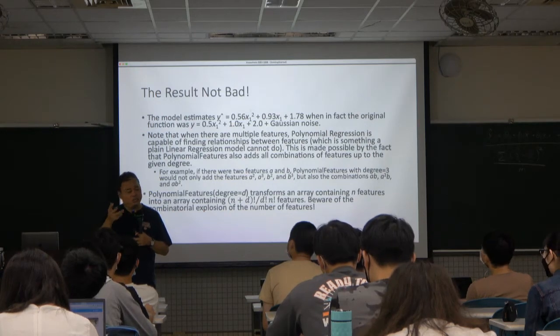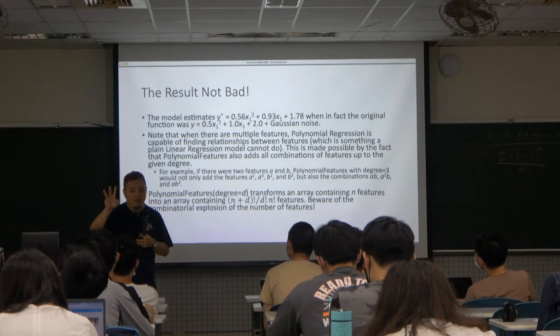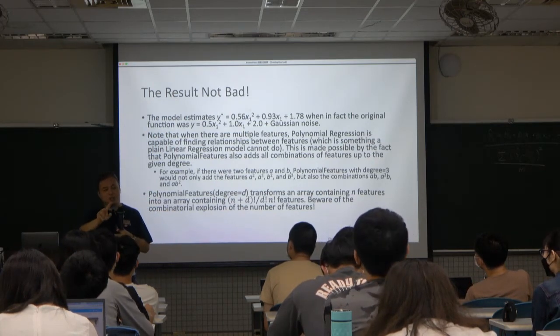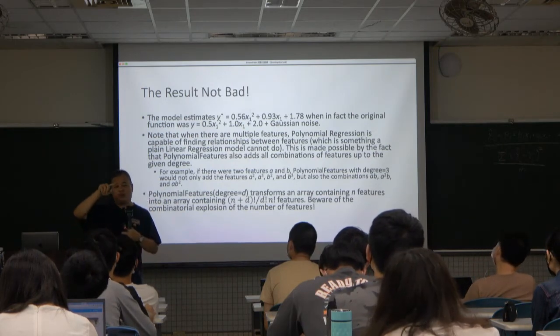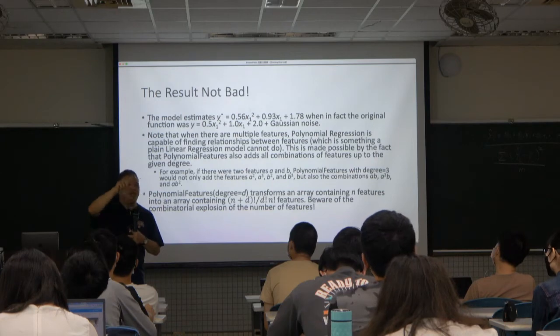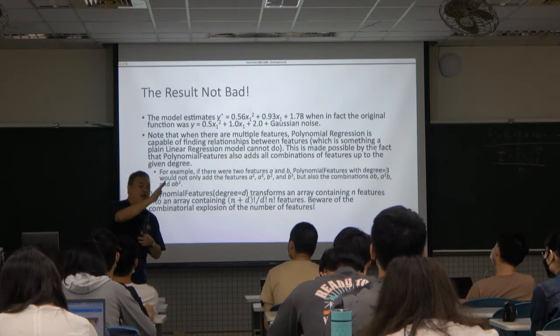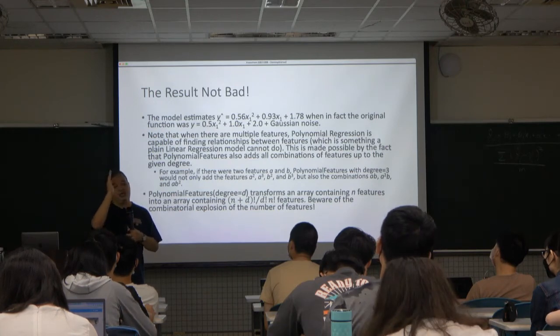So if we set the order to be 3, with two features x1, x2, what we are going to have is x1 squared, x1 cube, x2 squared, and x2 cube, as well as x1 x2, x1 squared x2, and x1 x2 squared.